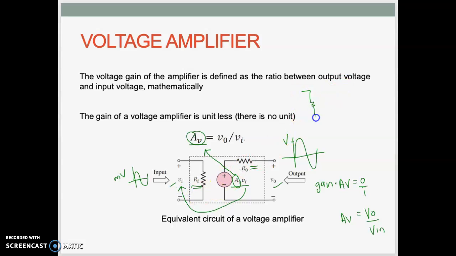So here we have R in, and here is a dependent source that depends on the gain of the amplifier multiplied by the input voltage. What does this mean? It means if the input voltage changes to another value, the value of the voltage source here will also change accordingly. Here you have R out. This is what we call the equivalent circuit of a voltage amplifier. Please take note that the gain doesn't have any unit because the units cancel out.